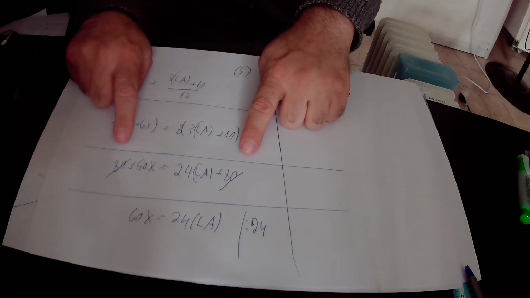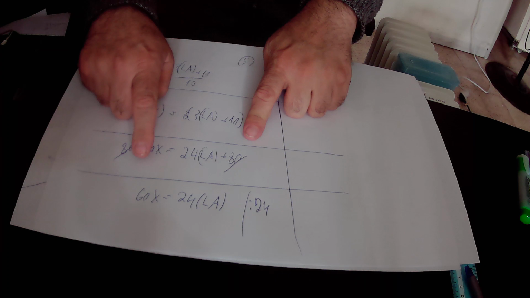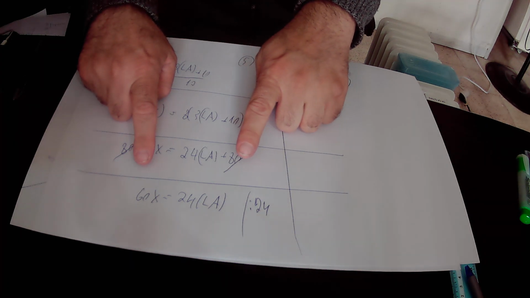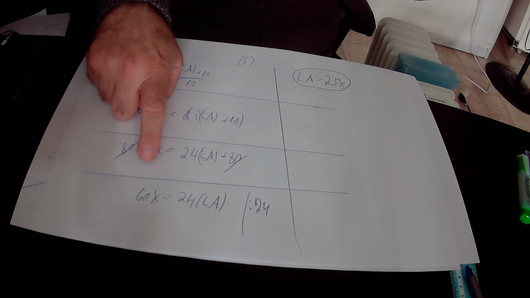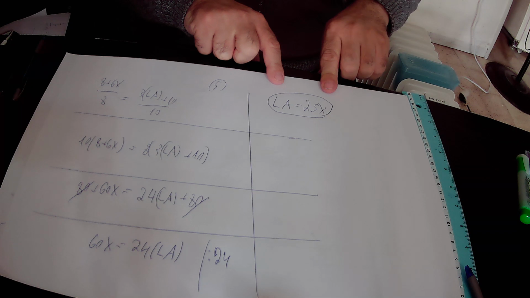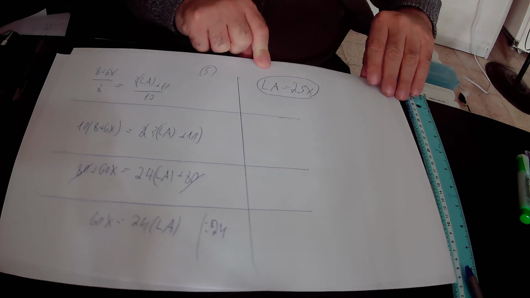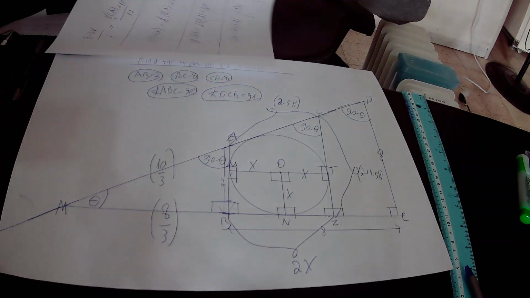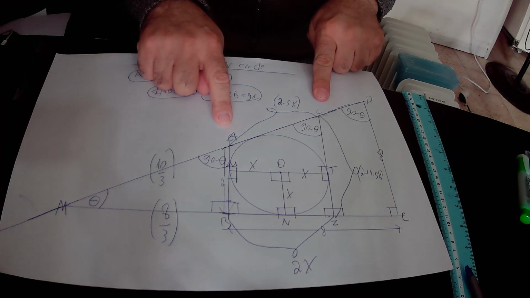We have 80 on both sides, so 80 will get cancelled, and we are left only with 60x equal to 24LA. We divided this equation by 24 and finally found out that the length of line segment LA equals 60x over 24, which is 2.5x. Here the length of this line segment LA is equal to 2.5x.